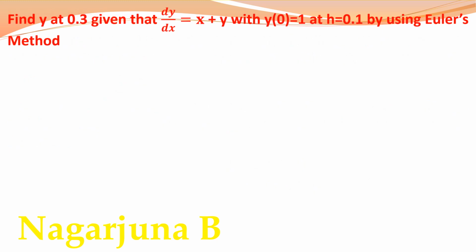Find y at 0.3, given that dy by dx is equal to x plus y, with y of 0 is equal to 1 at h is equal to 0.1 by using Euler's method.